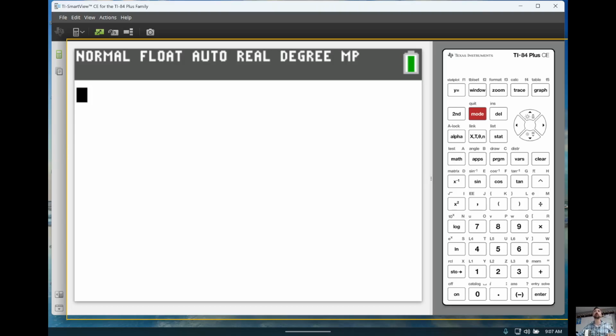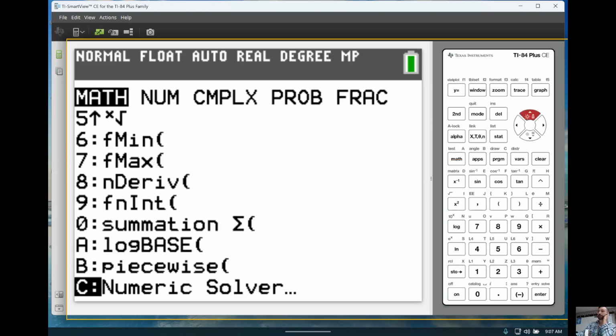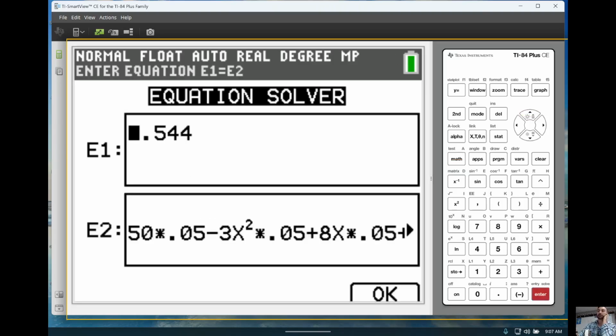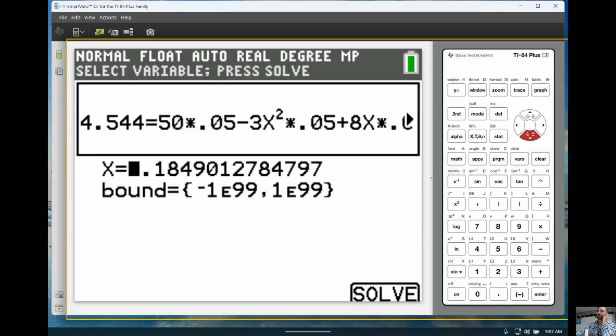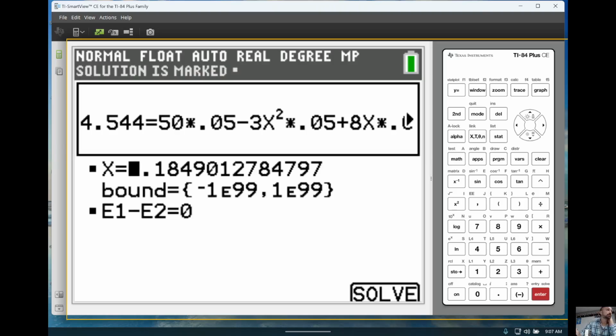Normally I would solve something like that with graphing, but I think the equation solver was a little easier. So math, bottom option called numeric solver or equation solver. Put in one side here, put in the other side there, go down, down, alpha, enter, and then it will update this x equals to the solution.